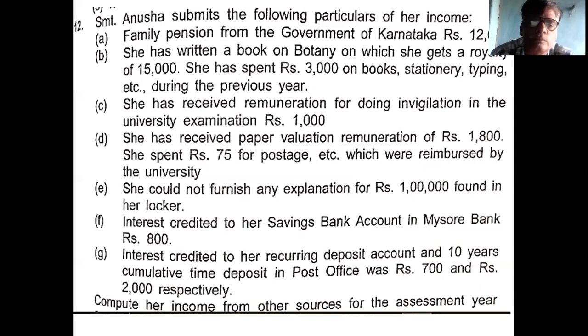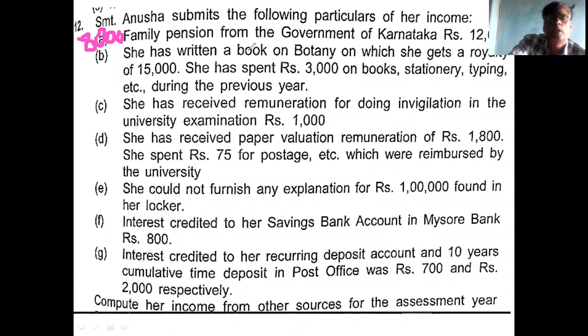What is the amount? 4,000. 4,000 is the allowable. Then what is the taxable income? First point, 8,000. 4,000 is allowable. 8,000 is taxable.